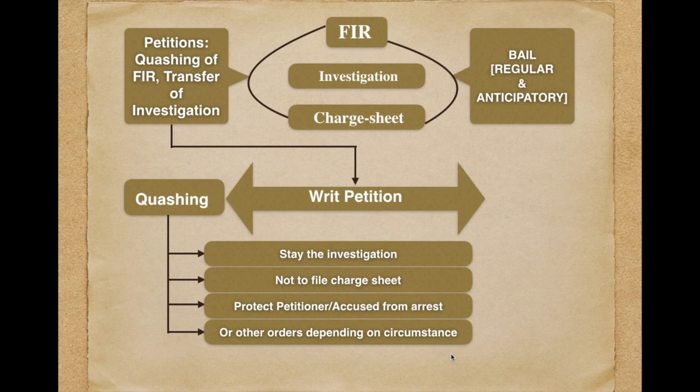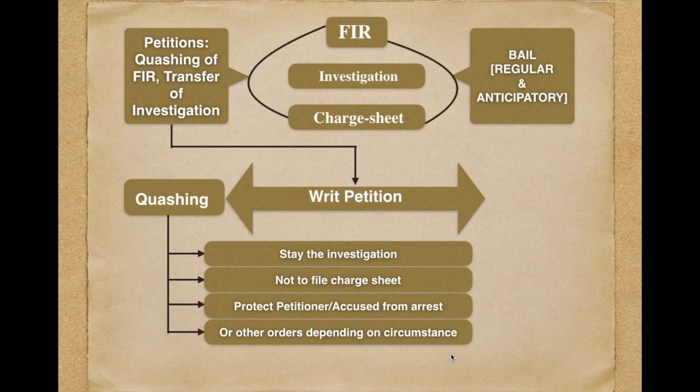Because ultimately, the statement of the first informant is what is analyzed at the hearing of the petition for quashing of an FIR. I must also mention here that at times an FIR is sought to be quashed mutually by the parties. In such cases, a petition is filed by the accused and the first informant has to make an affidavit stating reasons why he or she does not want to proceed with the case.